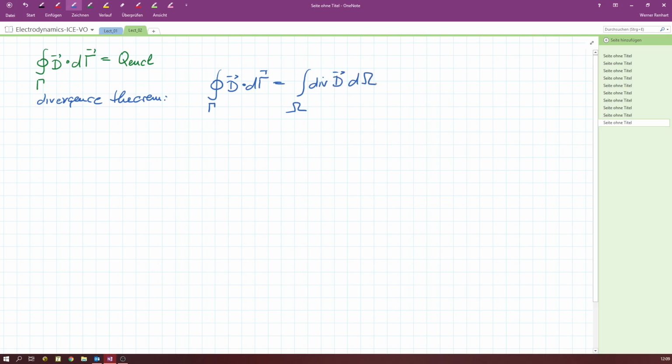So this is the divergence theorem, which we already discussed in the first lecture. This is Q enclosed.